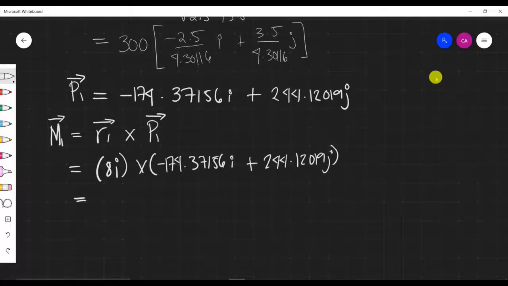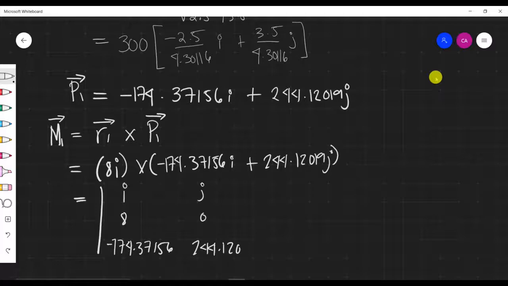Mangyari, pag kinross multiply natin, so the usual method: i, 8, negative 174.37156; j, 0, 244.12019; k, 0, 0.